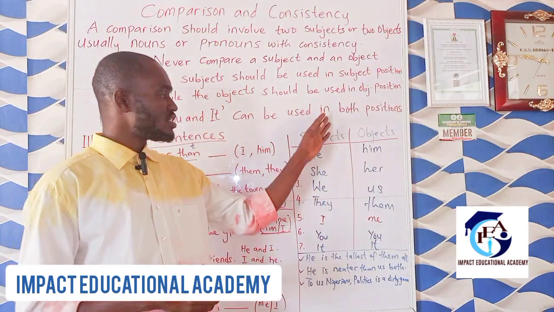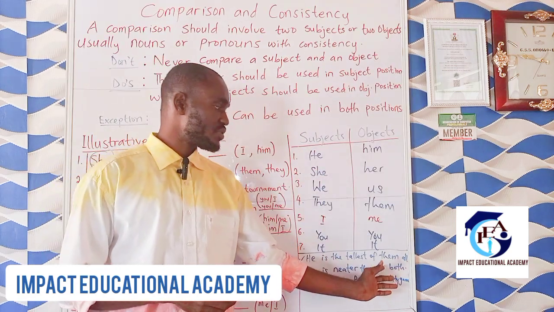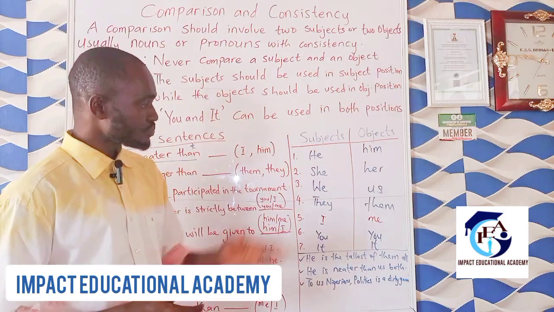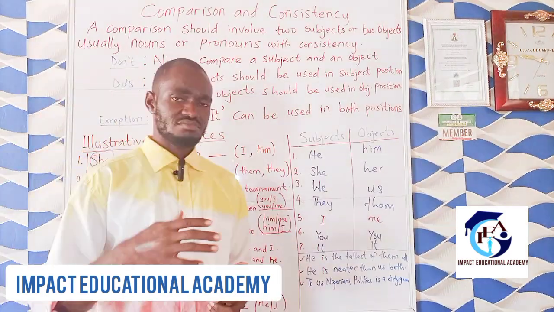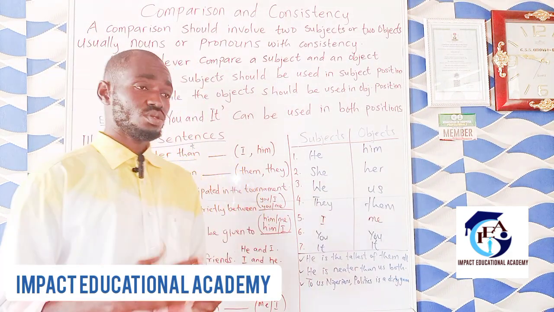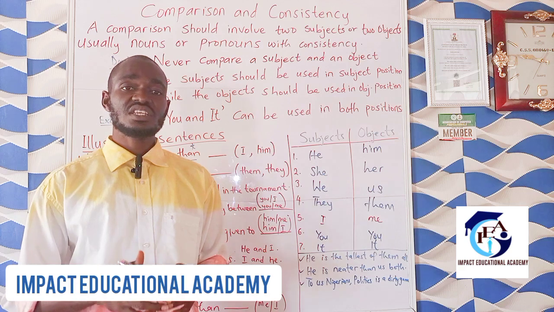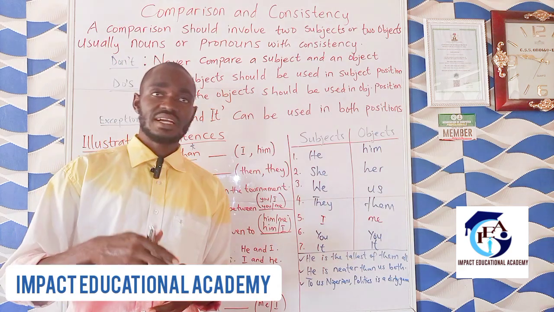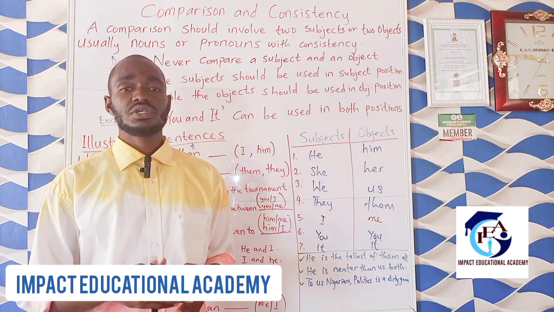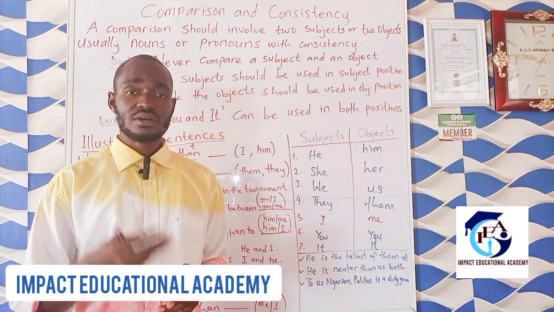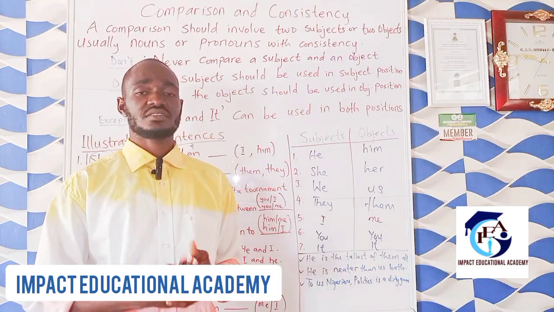Having known the pronouns in the position of subject and the pronouns in the position of object, we can then look at one rule. The rule is, if you are using a pronoun after the comparative form of an adjective, you're going to make sure that the pronoun is a pronoun in the position of subject.